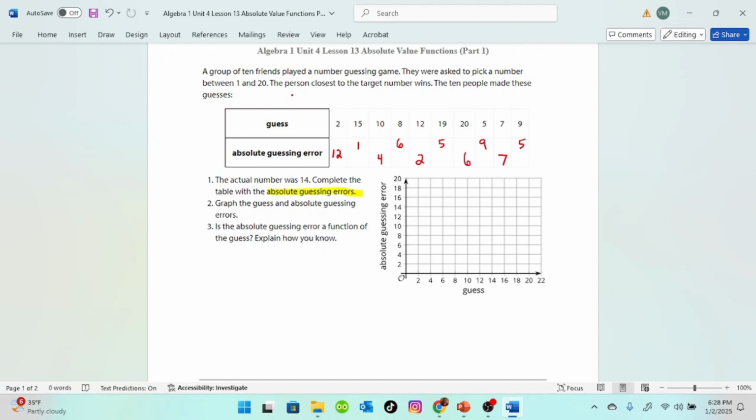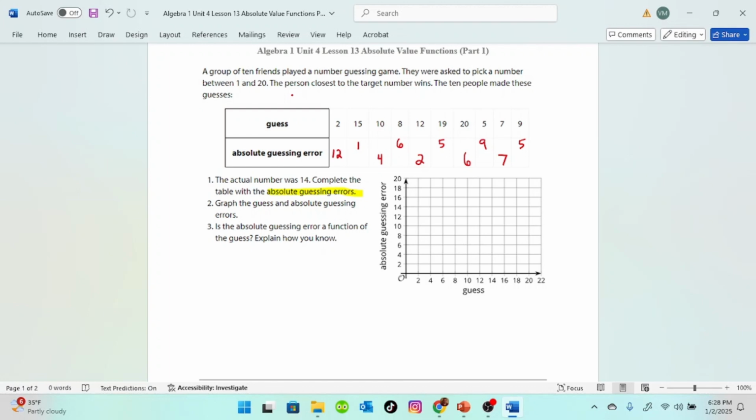Number 2. Graph the guess and absolute guessing errors. So we can see that the guess, which is this top row, is the x value, and the absolute guessing error, which is the bottom row, is the y value.